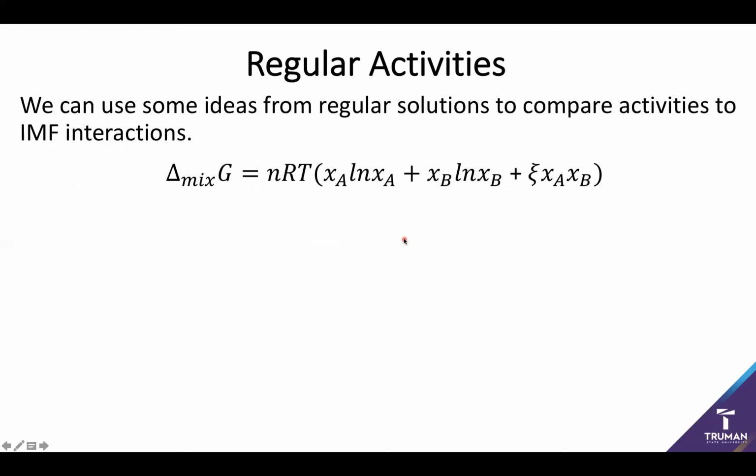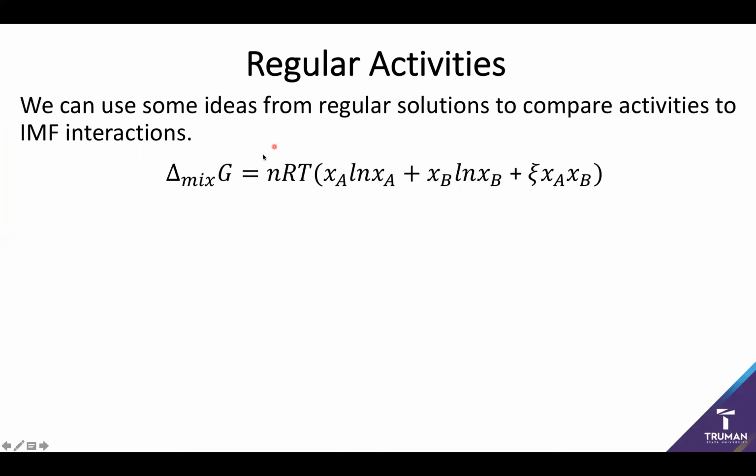So what we can do is use our equation for the Gibbs free energy of mixing for a regular solution, which, as a reminder, is related to a factor based on the entropies of mixing A and B together, plus our excess enthalpy, which is based on the IMF strength and the frequency of interactions.